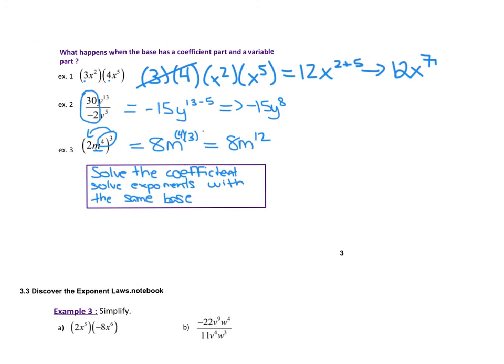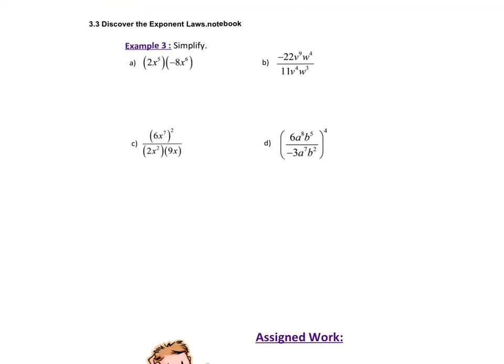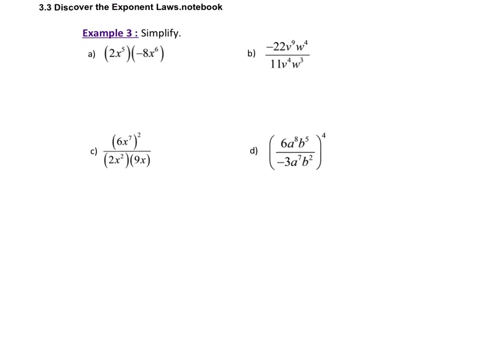Now we have a bunch of laws. We have what to do with coefficients, we have power to power, we have multiplication, we have the power of 0. So we have them all, and we can evaluate a little bit more complex problems here.